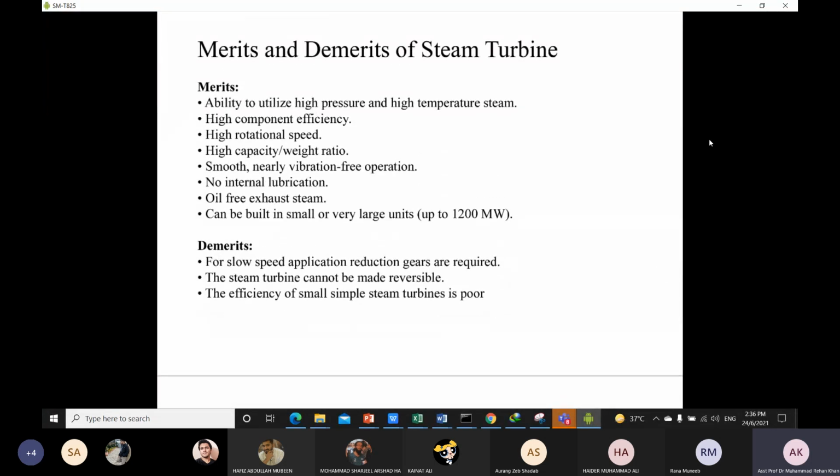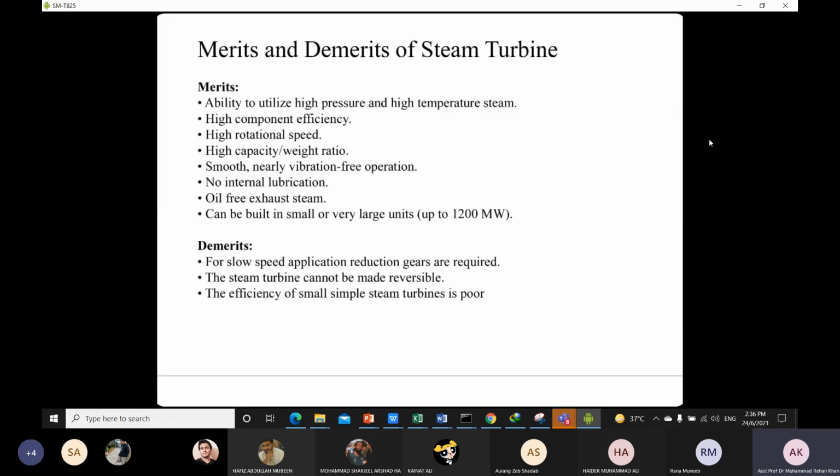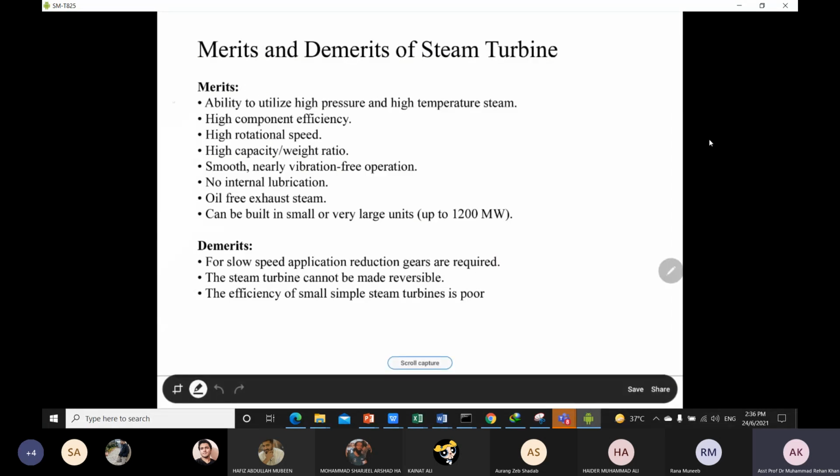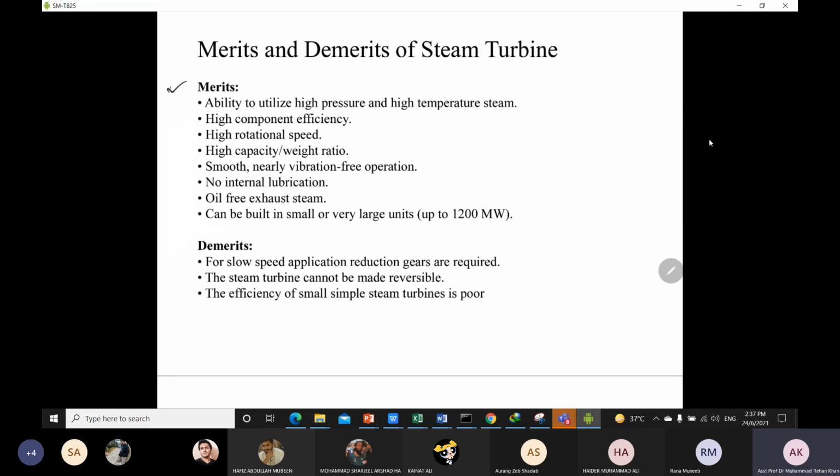I think we already discussed these merits and demerits previously in the gas power cycle lecture. The advantages of a steam turbine, you already know: ability to utilize high pressure and high temperature steam, high component efficiency, high rotational speed, high capacity-weight ratio, smooth, nearly vibration-free operation, no internal lubrication, oil-free exhaust steam, and it can be built in small or very large units up to 1200 megawatts.